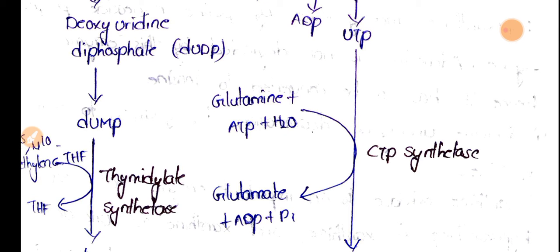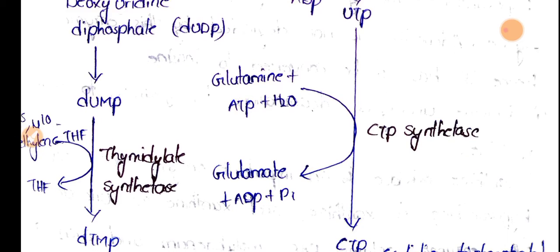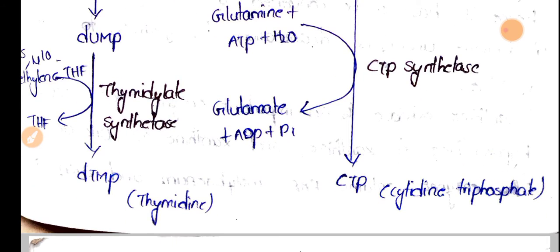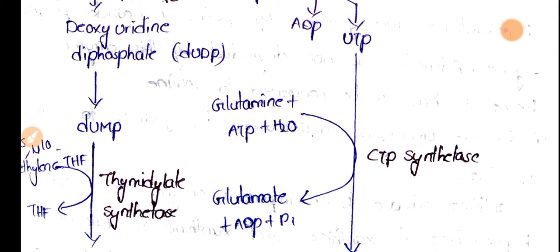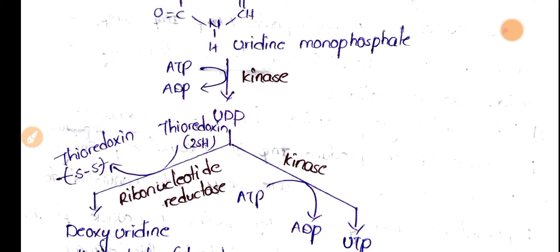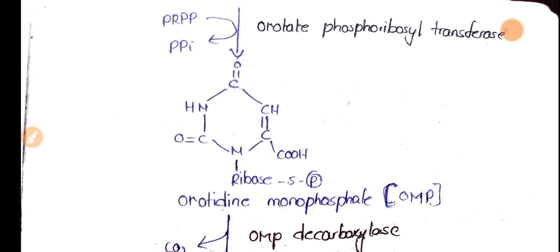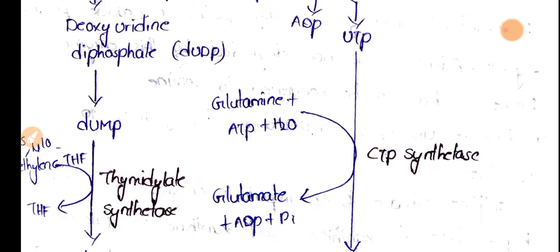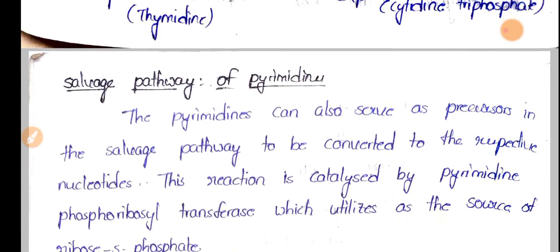Deoxyuridine monophosphate is produced. Again this DUMP is converted into DTMP, that is thymidine, by the action of the enzyme thymidylate synthetase. So this is how pyrimidine molecules will be produced.